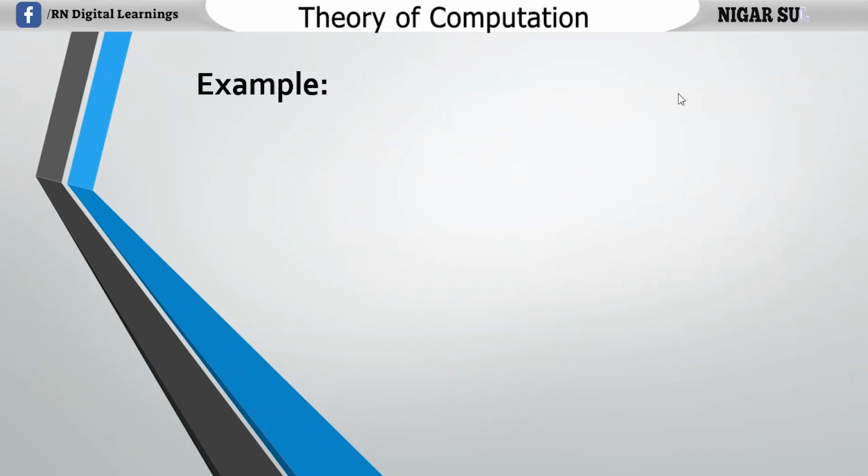Now, let me take an example. With the help of this example, I'll explain to you what the 5 tuples of the finite automata are and how to represent them in a transition table.